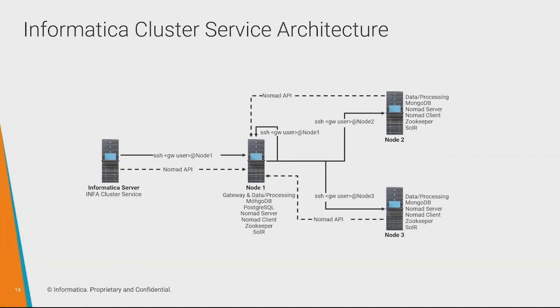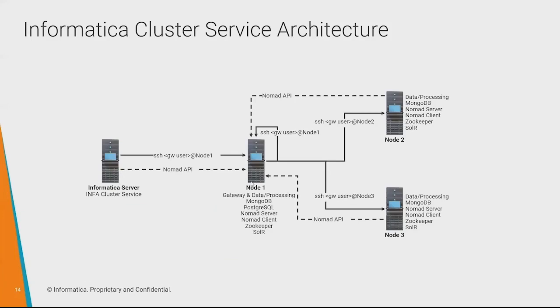So node 1 acts as the gateway node as well as a data and processing node. So wherever MongoDB is running, it's called a data node, because MongoDB stores the data assets, and wherever the Nomad clients are running, it's also a processing node, where the scanner jobs can be run, and the job can extract the metadata from the data sources.